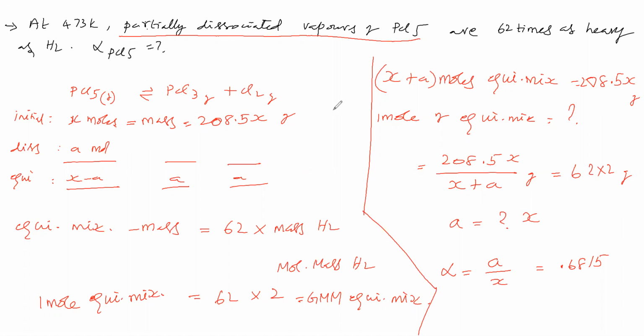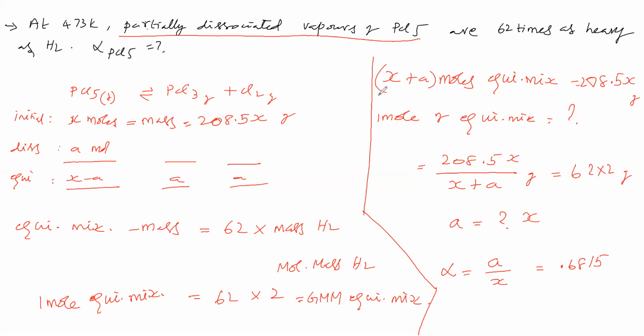A moles dissociate, so x minus A moles of PCl5 remain. A moles of PCl3 are formed, and A moles of Cl2 are formed. The total moles at equilibrium is this one plus this one plus this one, therefore x plus A moles.